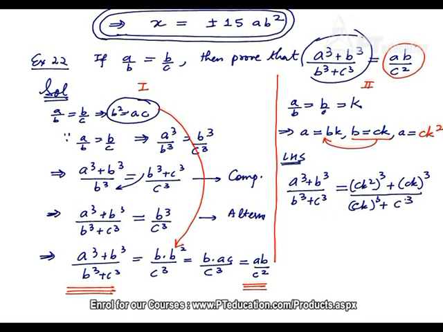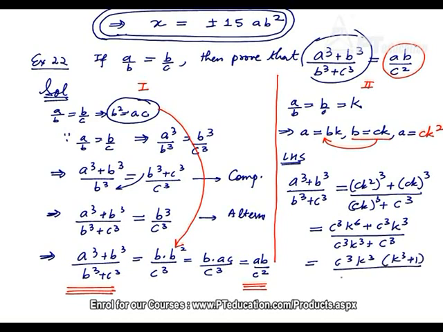So if you simplify this further, the numerator becomes c cube k to the power 6 plus c cube k cube. Don't be scared, we'll solve it. Upon c cube k cube plus c cube. Take c cube k cube common in the numerator, you will be left with k cube plus 1.